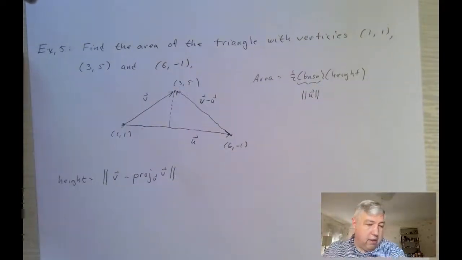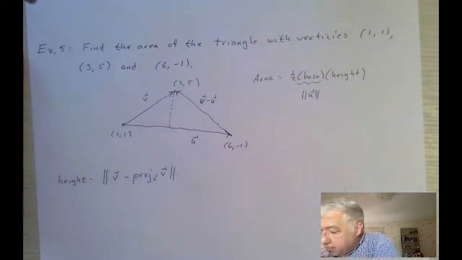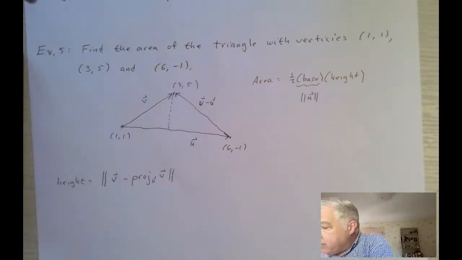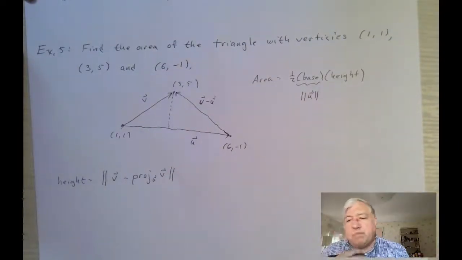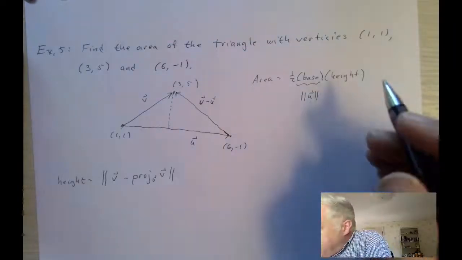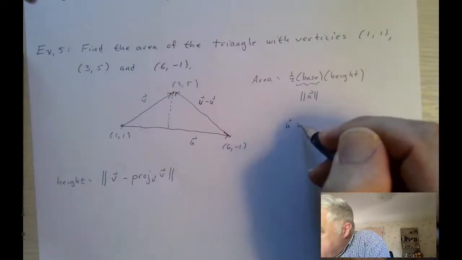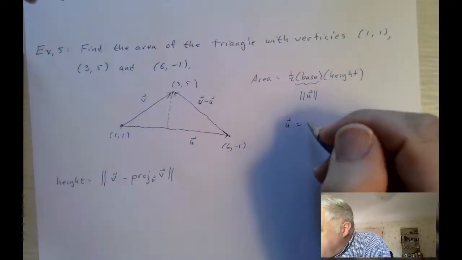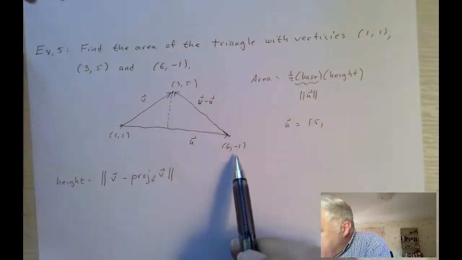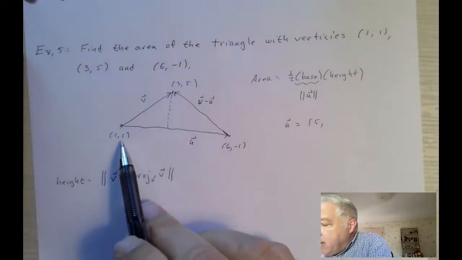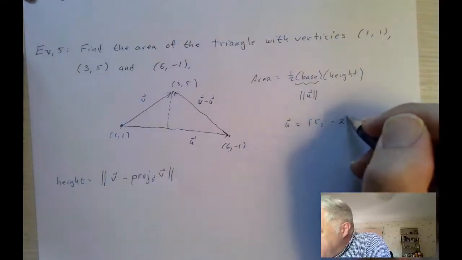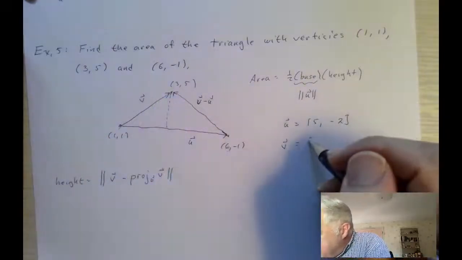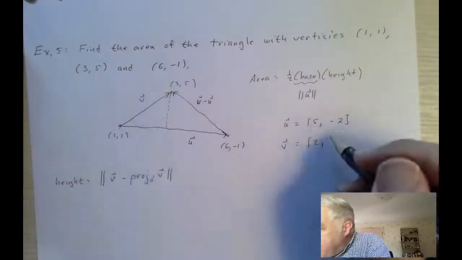Okay, so we should be able to figure everything out. Let's first of all find what u is. The coordinates of u will be 6 minus 1, that's 5, and then negative 1 minus 1, that's negative 2. Okay. v is going to be 3 minus 1, that's 2, 5 minus 1, that's 4.